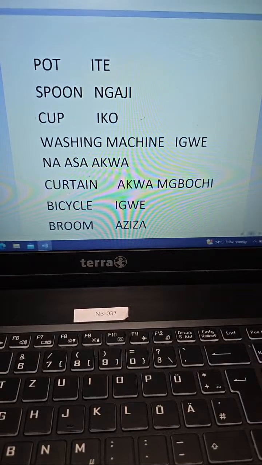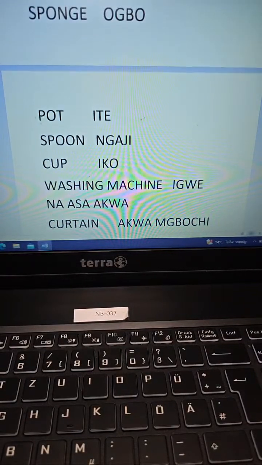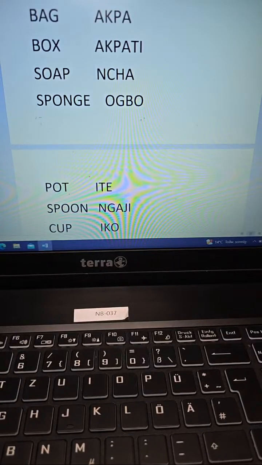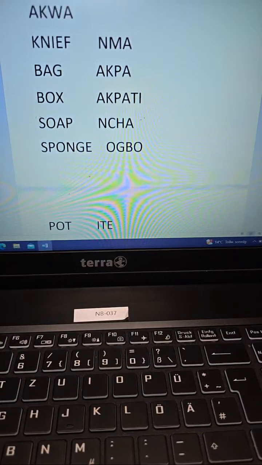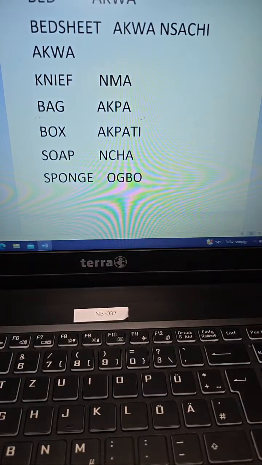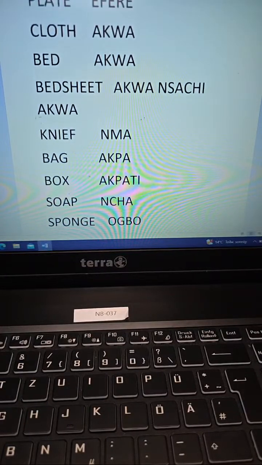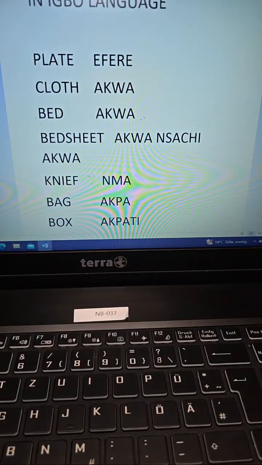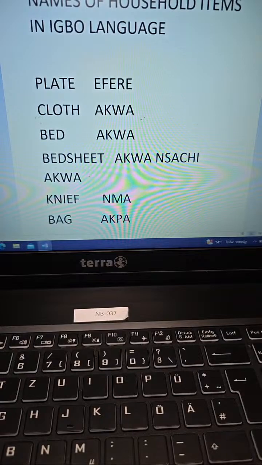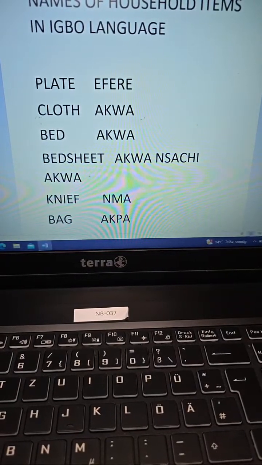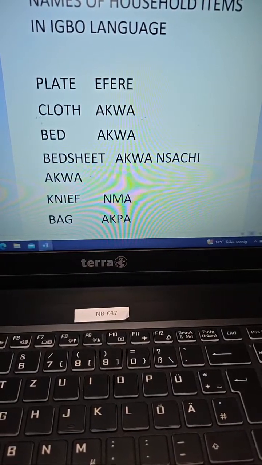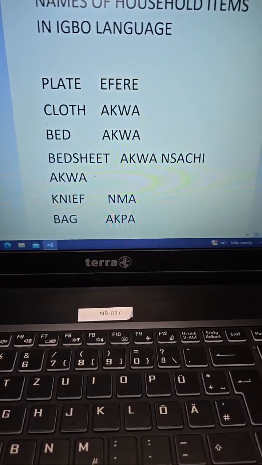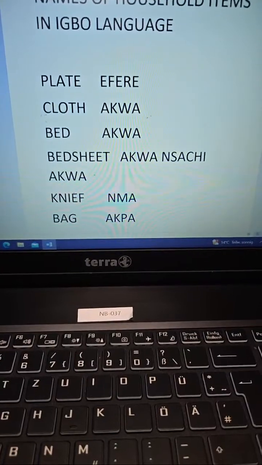We've written a lot, we've learned a lot. For those just coming in now, what we are learning today is the names of household items in Igbo language.